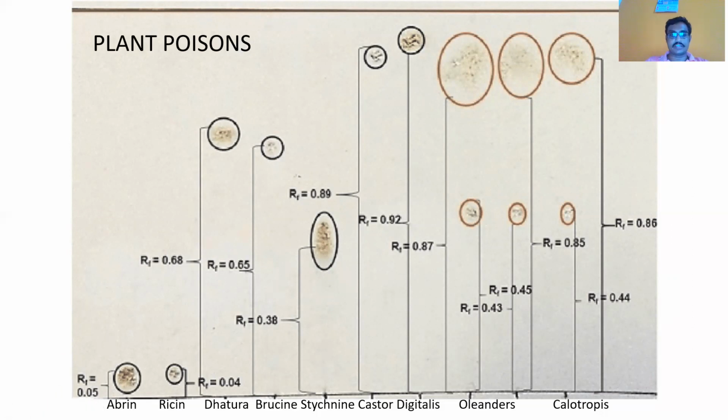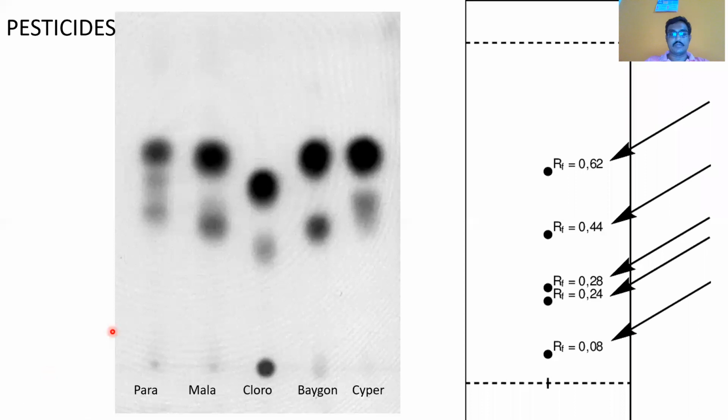The next application is quite similar, which is for pesticides. Pesticides also you will learn in your toxicology course. In toxicology of pesticides, we understand that pesticides are classified on the basis of their functional groups. They are classified as organophosphates, with usual examples parathion, malathion; organochlorides, chlorophos, DDT, all that come under your organochlorides; and then your carbamates, which is your Baygon, commonly used as a mosquito repellent, insect repellent at home.